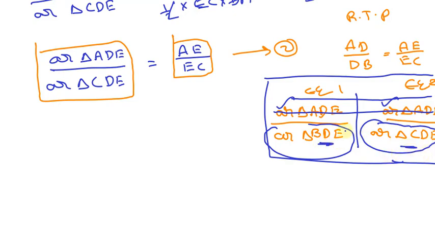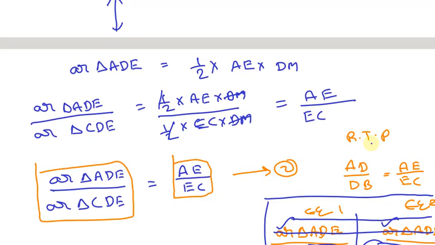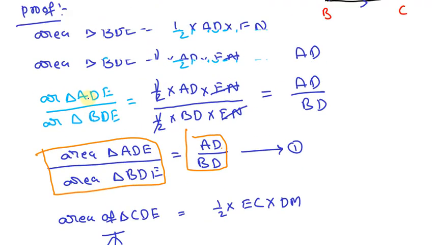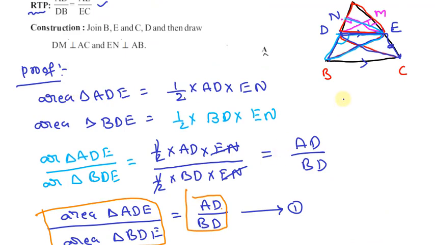Now, can we show these two triangles are equal in area? Let us observe the triangles. We need to show triangle BDE and triangle CDE, both areas are equal. How are we going to prove it? If you observe these two triangles, DE is a common base.